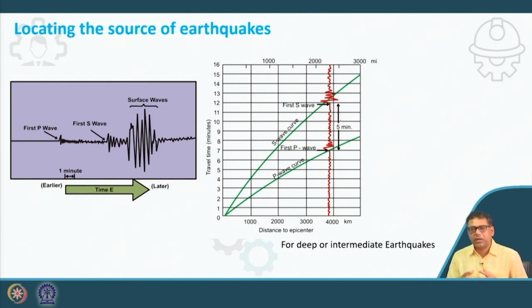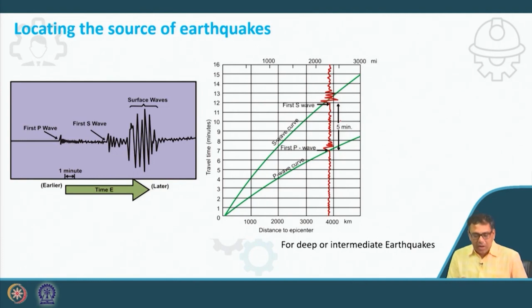It can be used for deep or intermediate earthquakes, and you can use it for shallow earthquakes also. But here I don't know the velocity of the wave. In the previous method I had to know the velocity, but here I don't. If it is a deep earthquake, the wave can travel through the mantle and the crust, so I don't know actually.